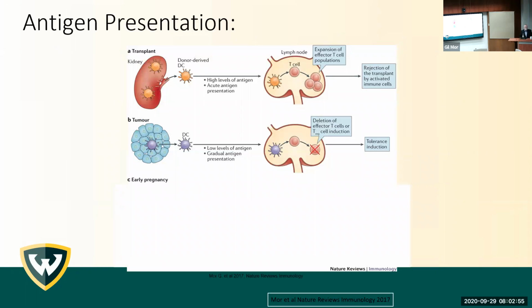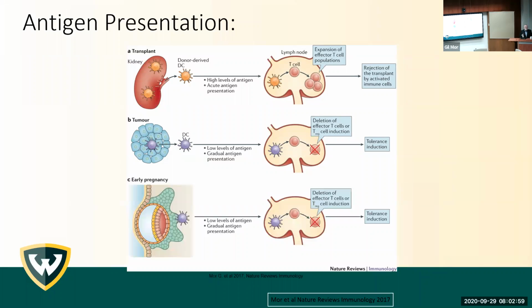We also talked about antigen presentation. I'm not going to repeat, just to remind you that the antigen presentation that is occurring during pregnancy is different than the graft versus host. It's a very small process of antigen release that starts even at the time of conception with the proteins of the sperm. Then the combination of the oocyte and the sperm starts producing unique proteins that are associated with the blastocyst.